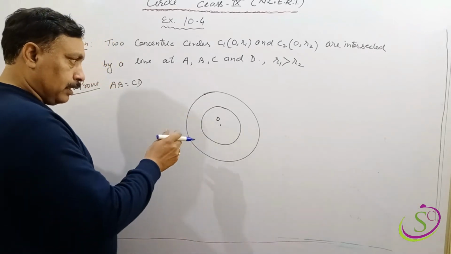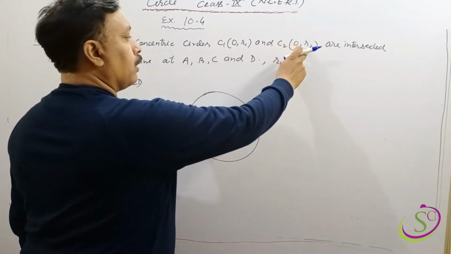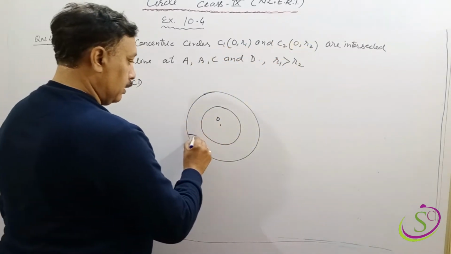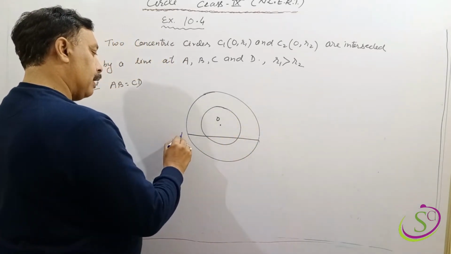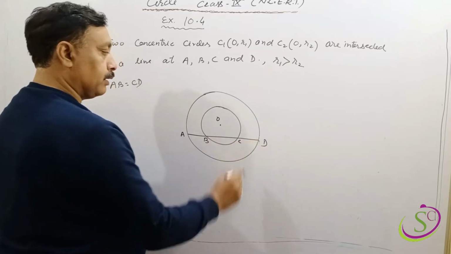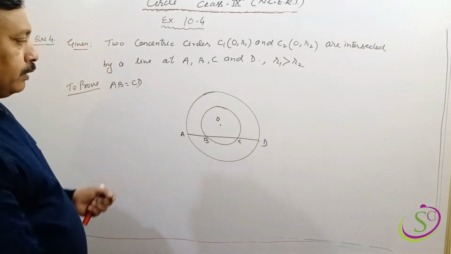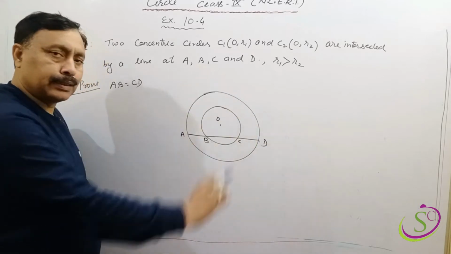Here two circles are concentric with radius R1 and R2. Clear? And both the circles are intersected by a line at points A, B, C and D. And we have to prove that this segment AB equal to this segment CD.